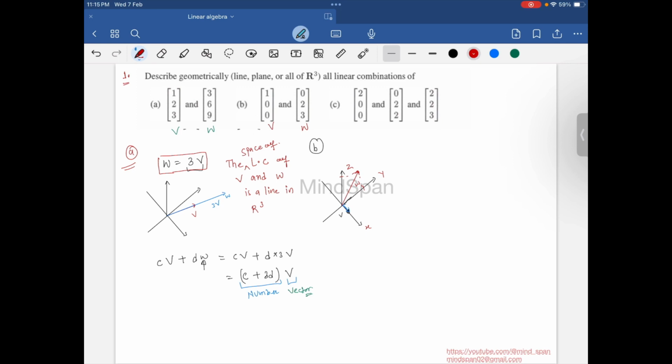Both these two vectors are in different directions. So if I am asking for the linear combination, what you are going to do is simply multiply v with some scalar c, and multiply w with some scalar d, and add up, and you will tell me this is the linear combination of v and w.